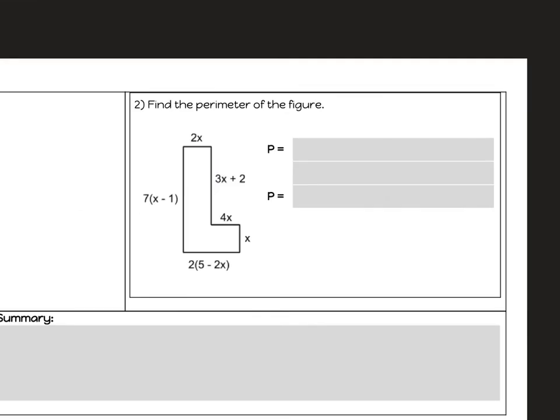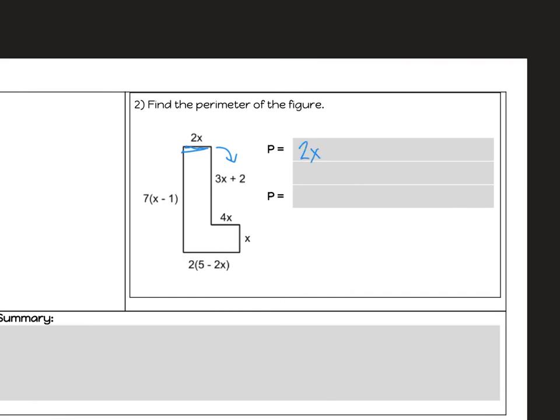All right, and so we have one more geometry connection dealing with perimeter. This is a different figure. This figure has a total of 6 sides. Okay, so I'm going to start at the top and then work my way around clockwise. I'm just going to write all of the terms that we have.